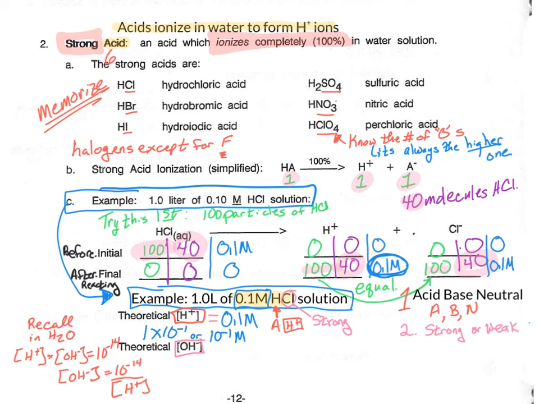That means in our example, the hydroxide ion concentration is equal to 10 to the negative 14 divided by the hydrogen ion concentration, which is 10 to the negative 1. And in our case, hydroxide ion concentration is equal to then 10 to the negative 13.